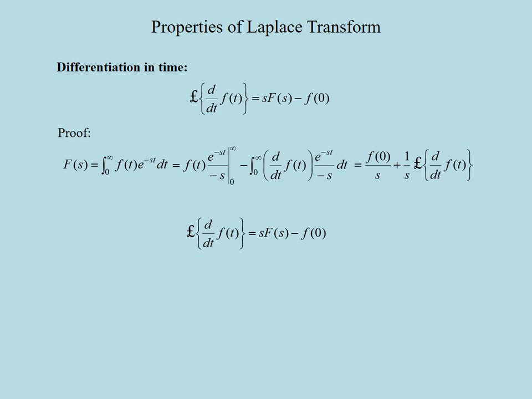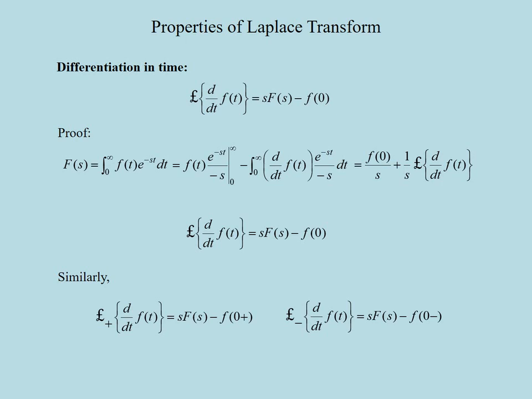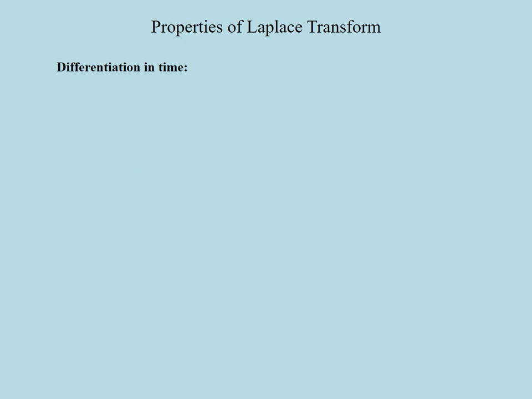Of course, similar formulas are valid also for L plus and L minus transforms, which we have defined just a while ago. You can apply the differentiation property of the Laplace transform to obtain also the Laplace transform of the second derivative of the function.